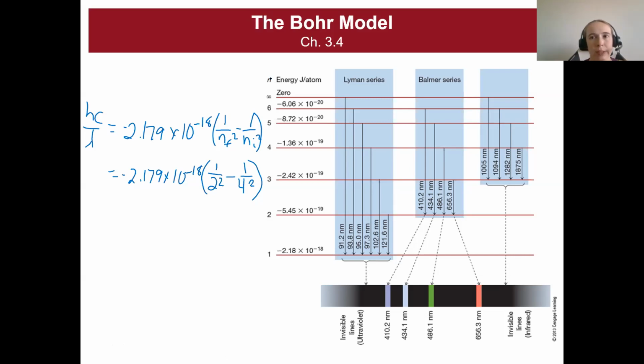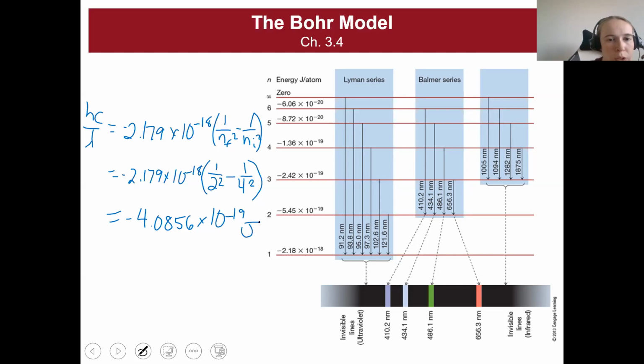Okay, so let's see what that comes out to. When I plug that in, I get negative 4.0856. I'll keep a few extra sig figs till I'm done with the problem. Times 10 to the negative 19th, and this is still in joules. Okay, so I'm going to drop this negative sign.